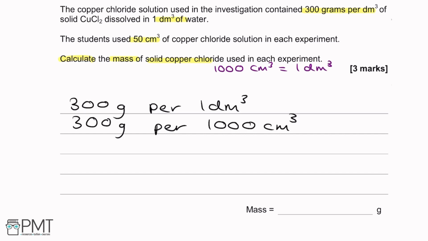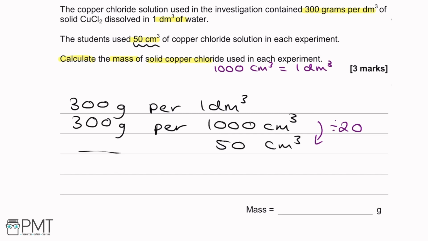Now the students are using 50 centimeters cubed, and we want to know how many grams that is. What's the mass? So to get from 1,000 to 50, we divide by 20.